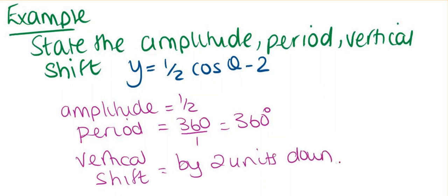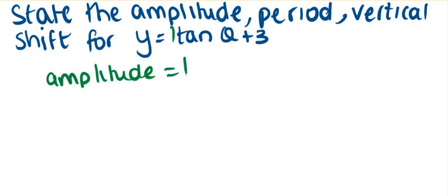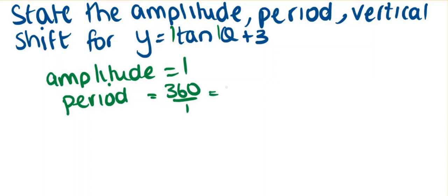Okay, so this question: state the amplitude, period, vertical shift for y equals tan theta plus 3. The amplitude, we have a 1 here, so the amplitude is 1. The period, we have b as 1, so that's 360 divided by 1, so it's 360 degrees.